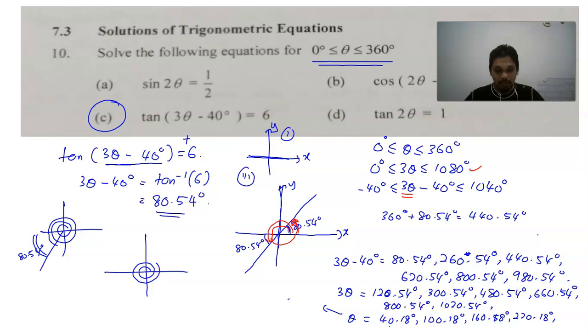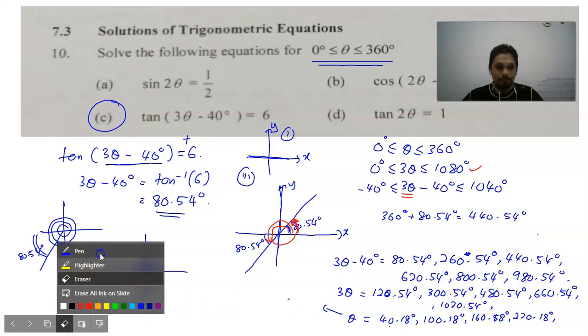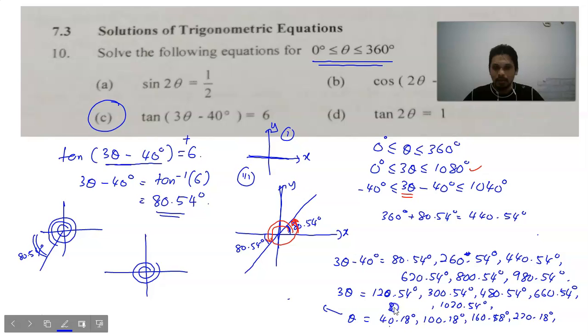Okay, I forgot something here. It's supposedly then here, because 800.54 plus 40 should come up with 840.54 degree, and 980 plus 40, 1020. That's it.